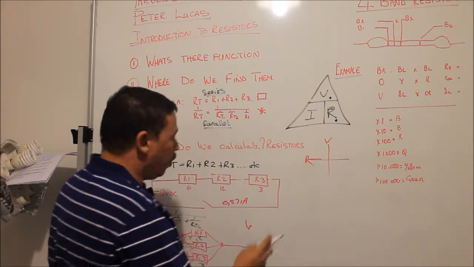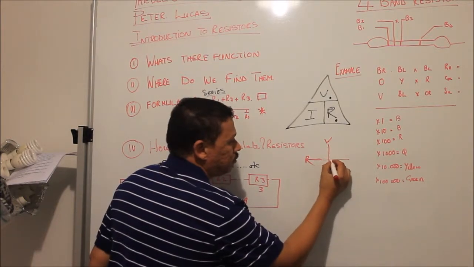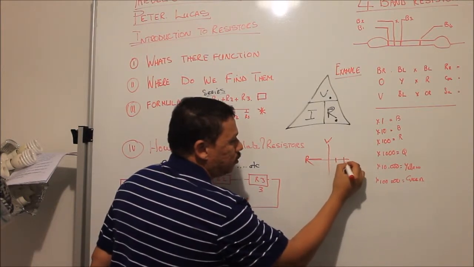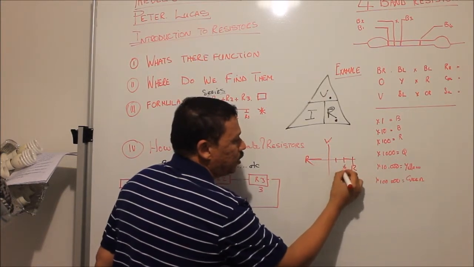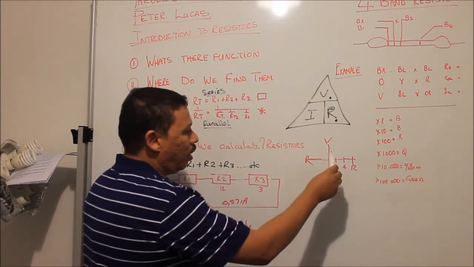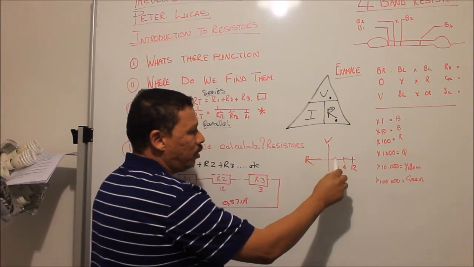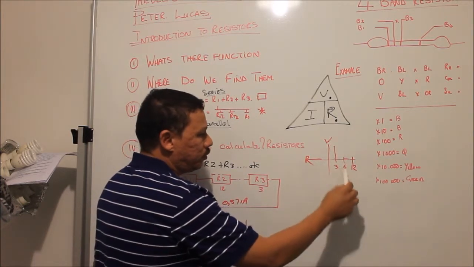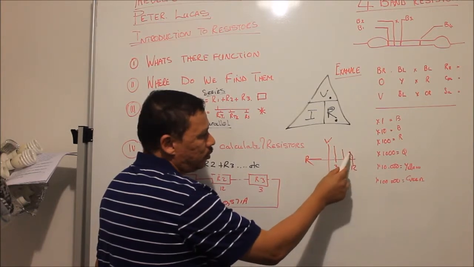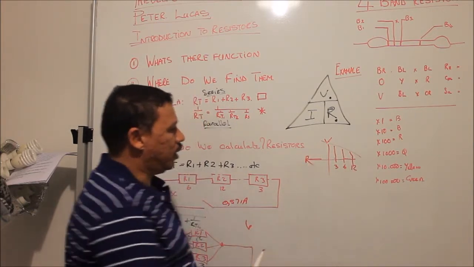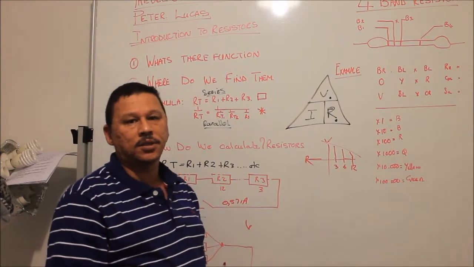Let's say R12, let's put them on a scale here. So that's 12, that's 6 and that's 3. 3 will have a lower volt drop than 12. What does that tell you? Resistors are linear.